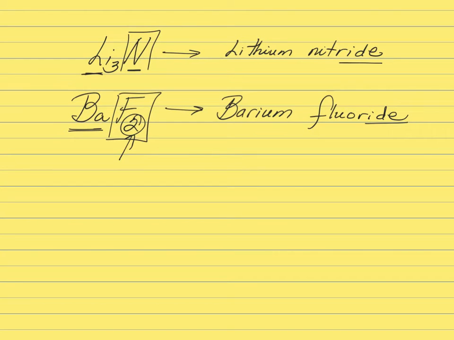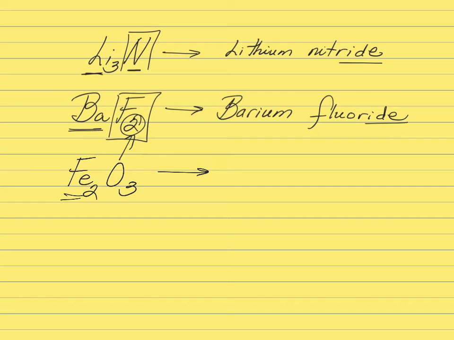But what is going to happen if I have an ionic compound that is made of a monatomic ion, but I don't have a metal that is in group 1, 2, or 13? I'm going to start with the most common one. You follow the same steps. You look at your metal. Is your metal in group 1, 2, or 13?